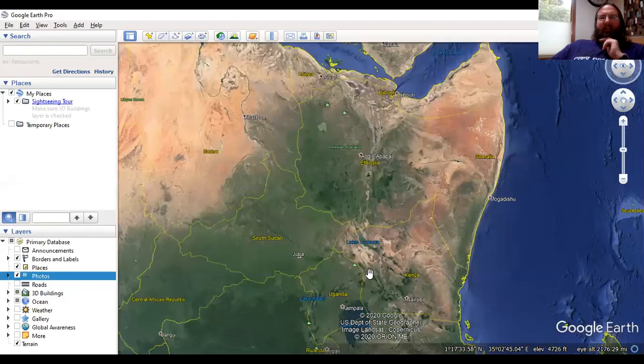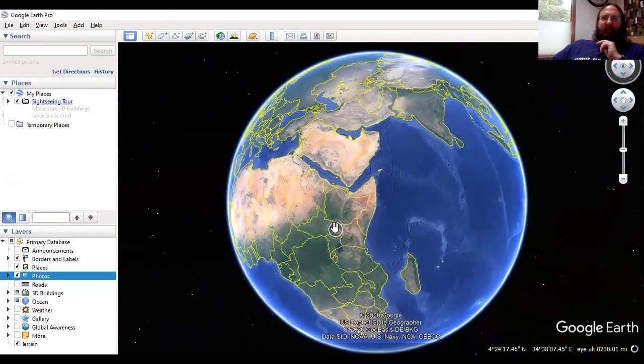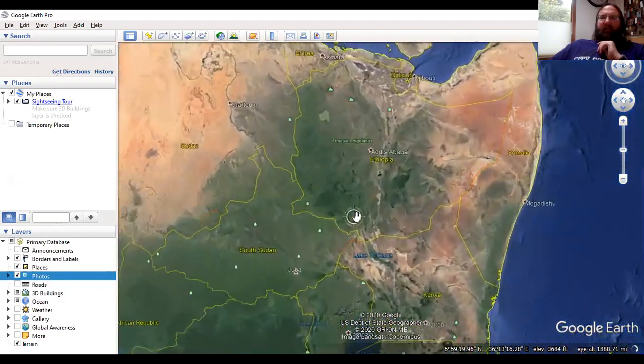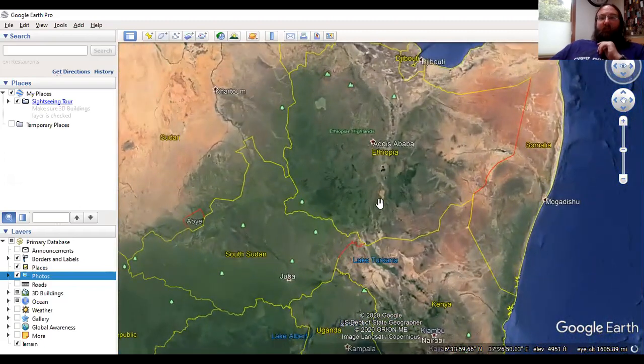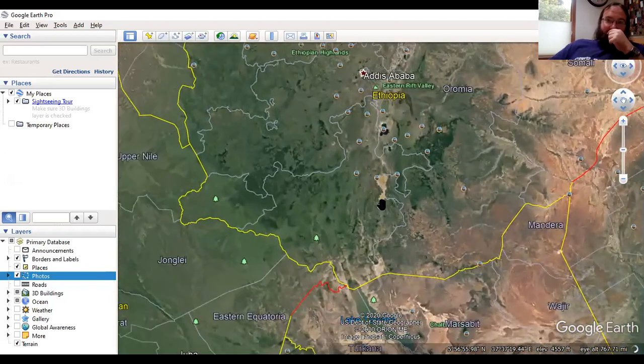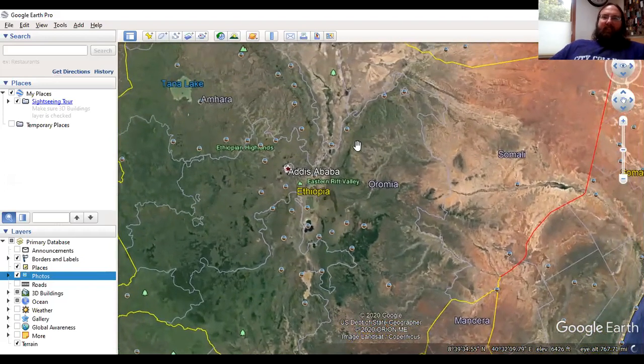So if you look at East Africa, this is Ethiopia. Just zoom out a little bit for everybody. We're actually just about on the other side of the world from where my cursor is right here. But looking at East Africa, you notice the generally lush Ethiopian plateau, birthplace of coffee and many other wonderful things, has this little tan gap through it of probably drier land.